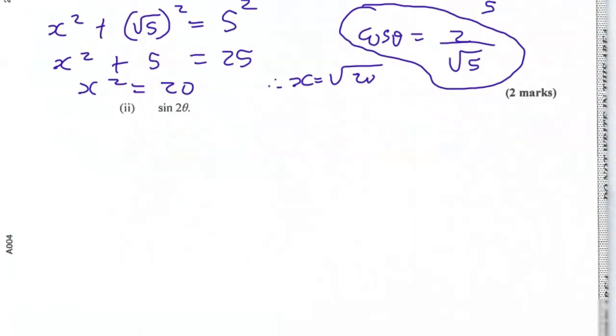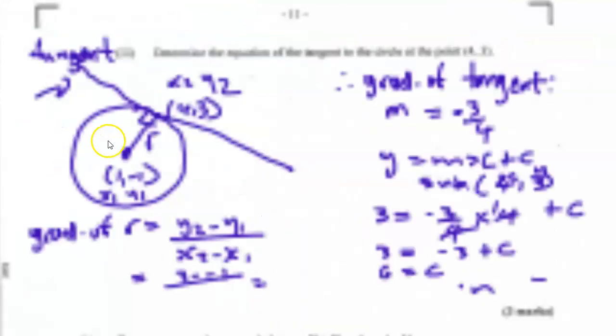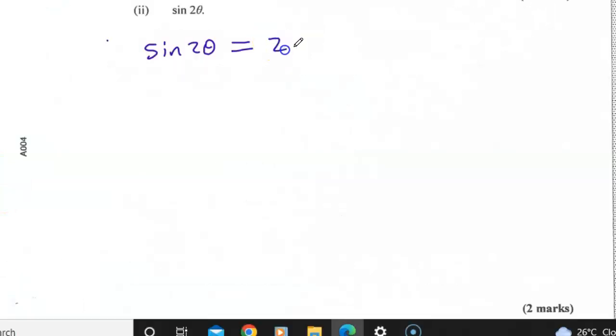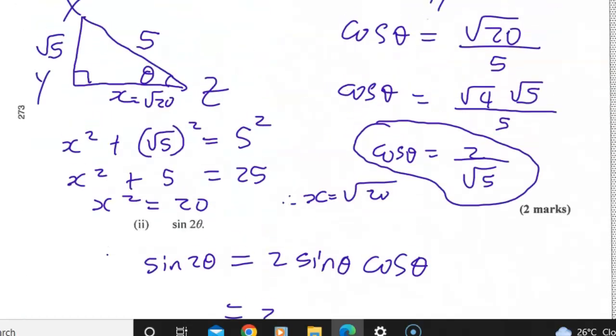Next we're asked to find sine 2 theta. So sine 2 theta, a double angle identity, is 2 sine theta times cos theta. Now sine theta, the question gave us that.